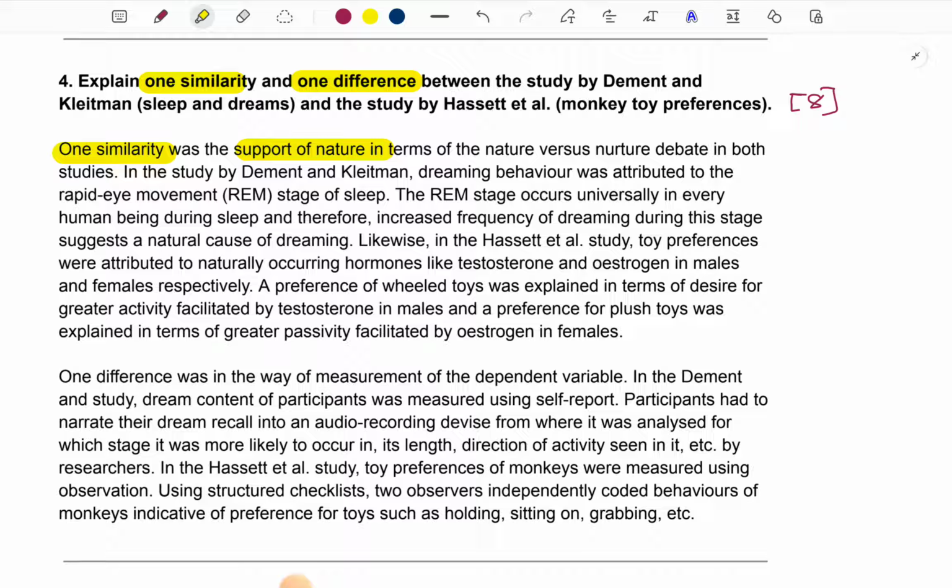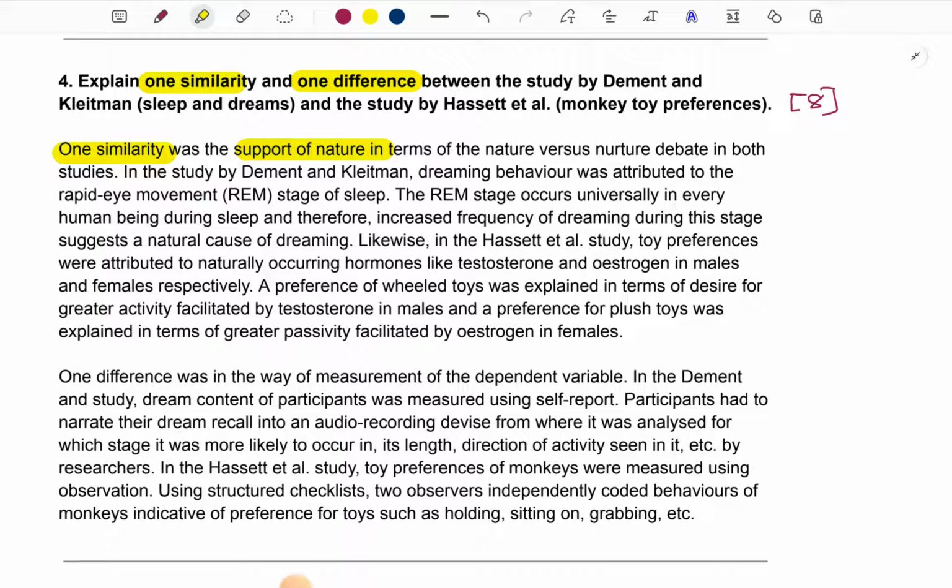So that's one, the common problem which runs across all answers. Another problem is, I don't know why this one happens, just talking about one study. Like nature is supported in Hassett because of this. Why is it supported in QvYTv? That's missing.